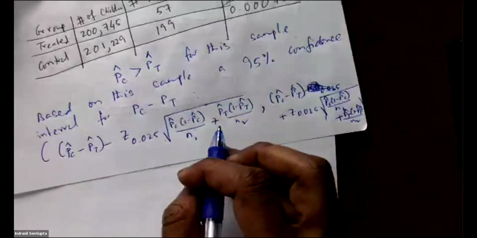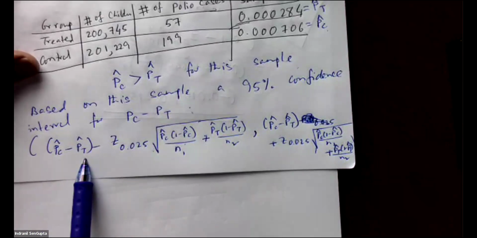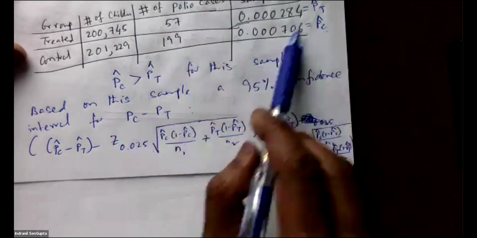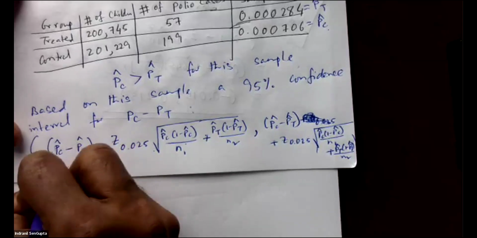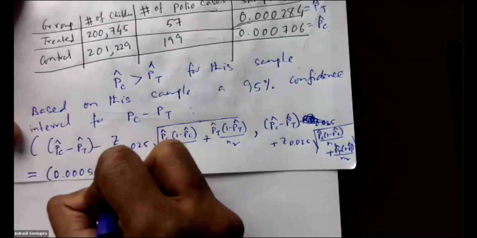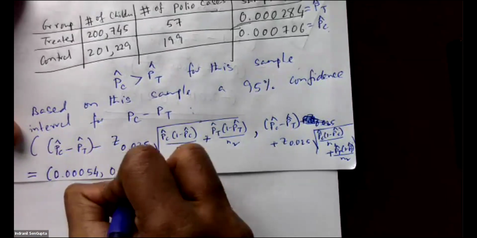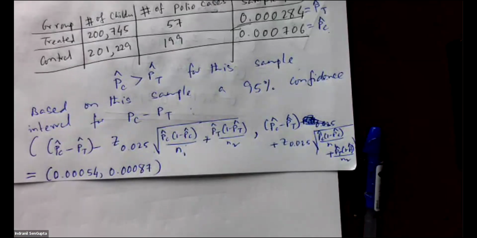Everything here is known, right? We know PC hat, we know PT hat, we know this quantity. So from this, I can compute this. And if you compute this, you'll get 0.00054 through 0.00087. So that's the 95% confidence interval.